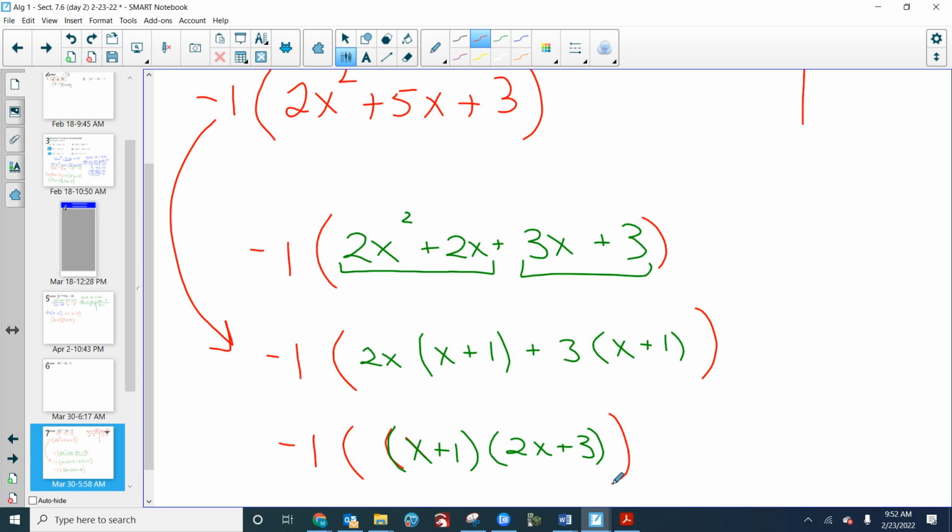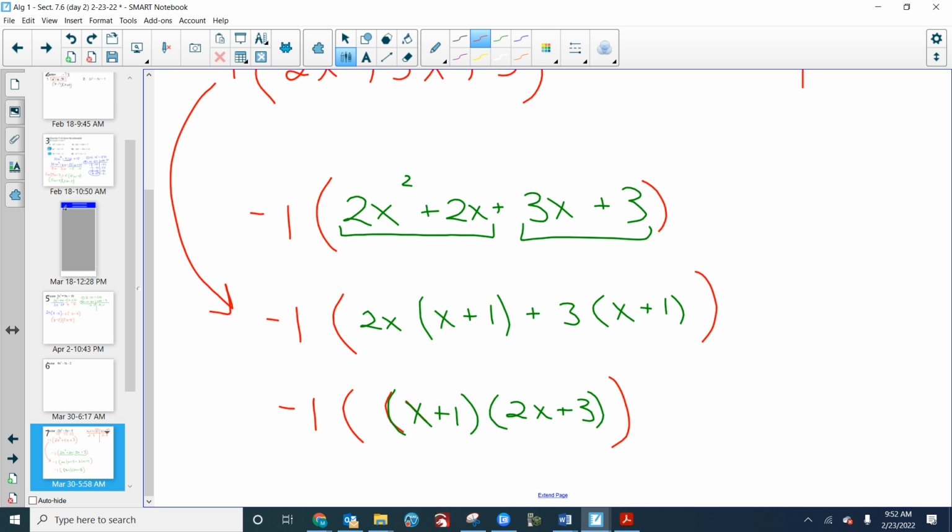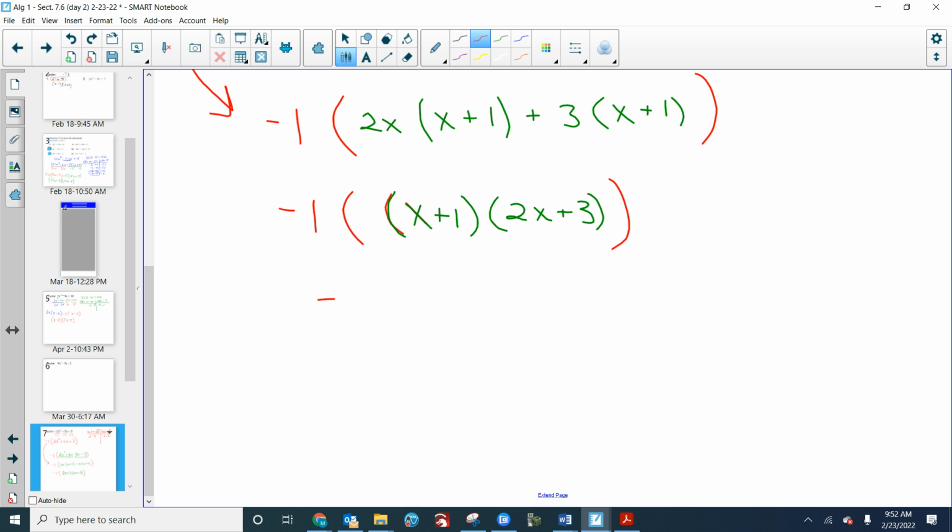And at that point, now that I've done that process, those red parentheses are not necessary anymore. Do you see the difference between this step up here and this step down here? Once I pulled out the GCF, the negative can just go in front of the x plus 1 and the 2x plus 3. Everything's being multiplied now. Up here, they were being added. I had to use parentheses. Down here, now they're all multiplied.